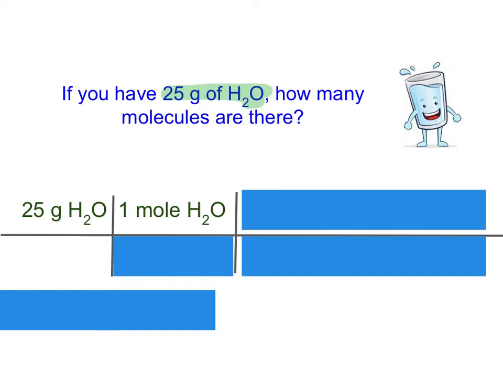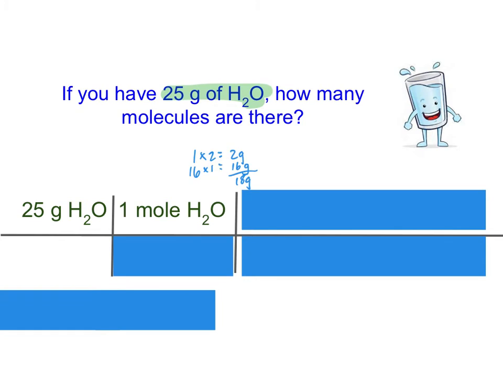Each one is 1 gram, so 1 times 2 is 2 grams, and the molar mass of oxygen is 16, and I only have 1 of those, so that would be 16 grams, so my total mass is 18 grams.